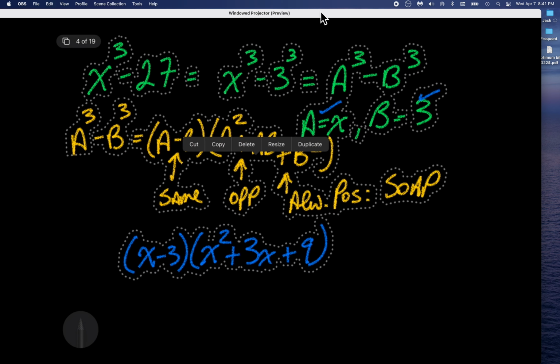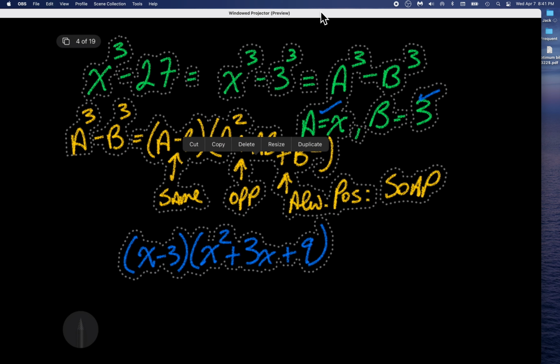Next one. Let's jump down here. 8x cubed plus 125, I'm sorry. Okay. Again, first thing you need to do, folks, is recognize that this is the sum of two perfect cubes. This right here is actually 2x cubed plus 5 cubed.